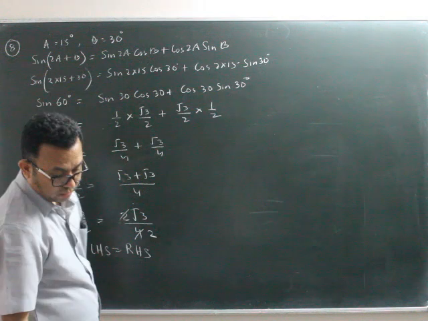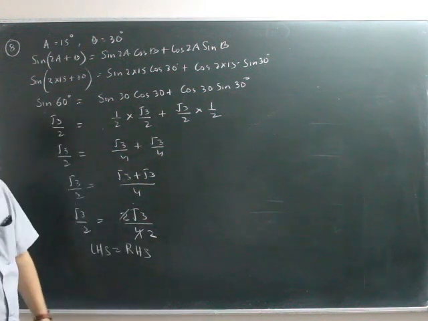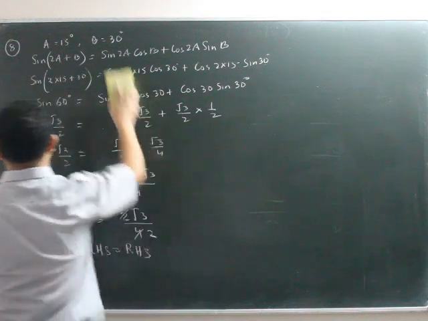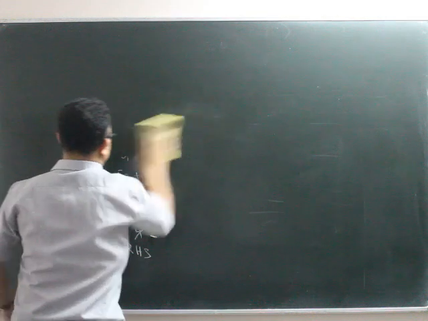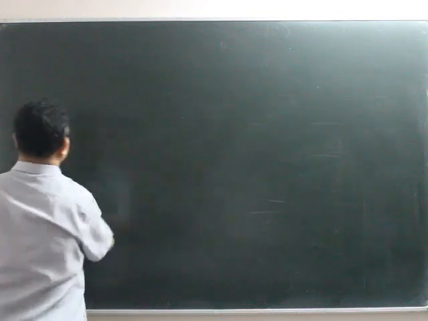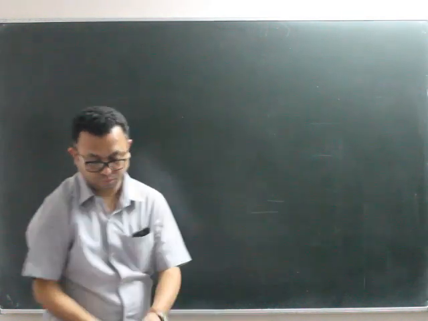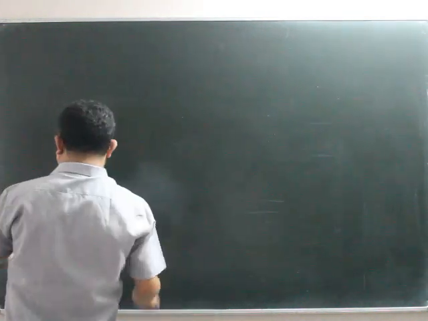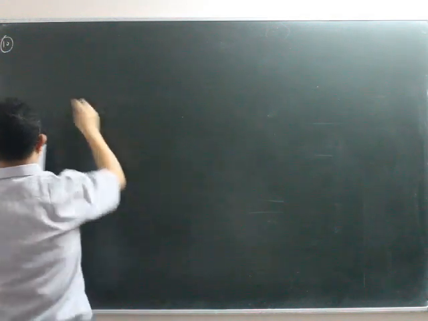Now the next question that I am going to take, I think in fact last time I told you to try till 9. So let me discuss with you question number 10. Find the value of, in question number 10, so here you don't have to prove left and right, you only have to find the value.